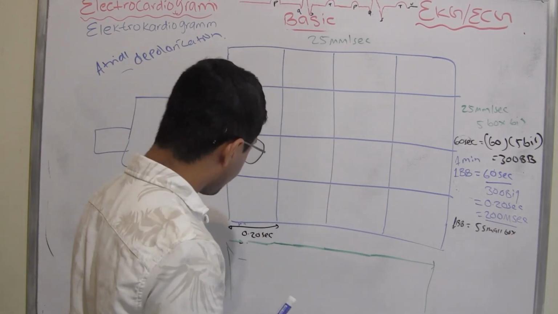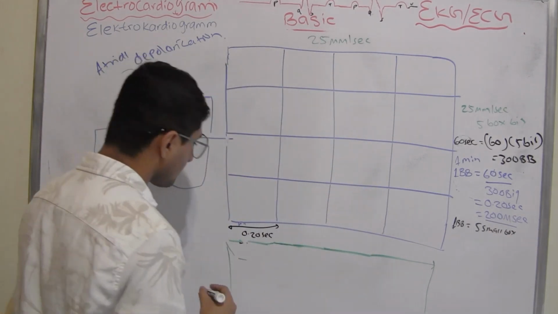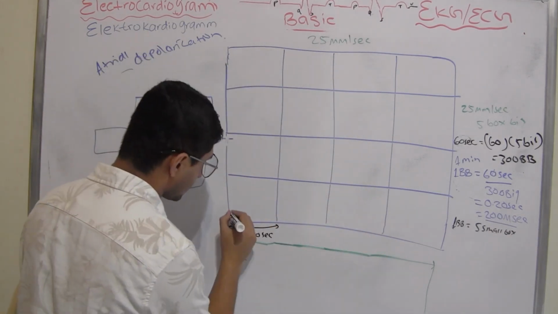One big box has 5 small boxes, so let's draw the small boxes in black. They go vertically and horizontally.